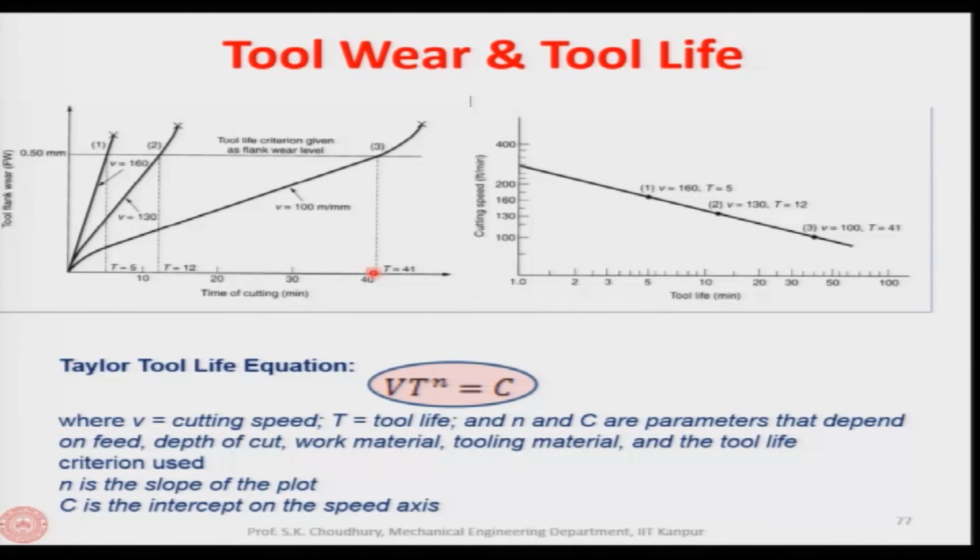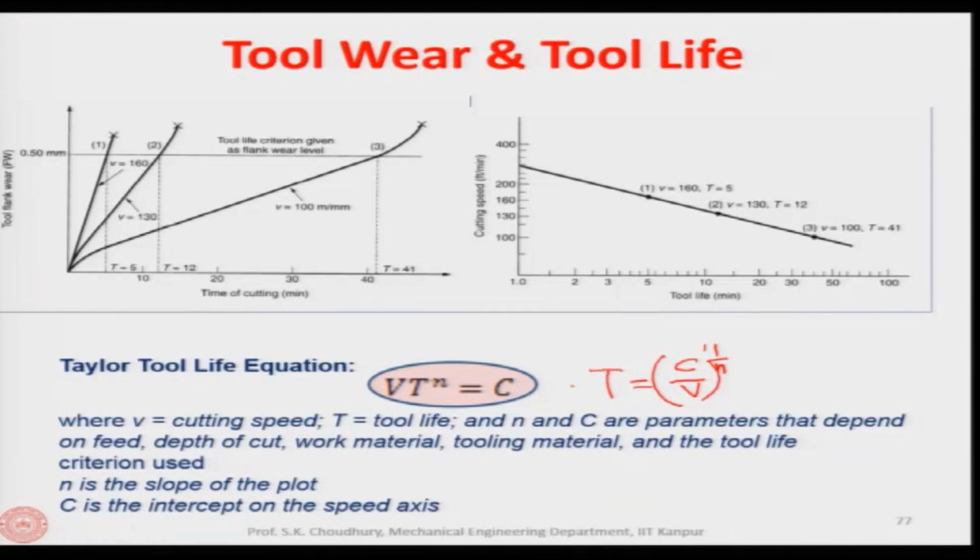So, Taylor's tool life equation describes how the cutting velocity affects the tool life. In this formula it is shown that V t to the power n is equal to a constant, C, and this is popularly known as Taylor's tool life equation, which relates the tool life T, equal to (C by V) to the power 1 by n.